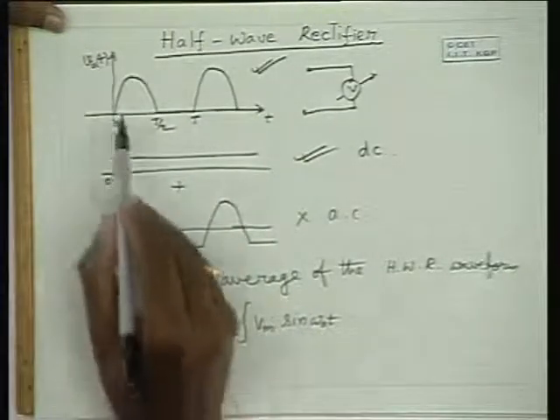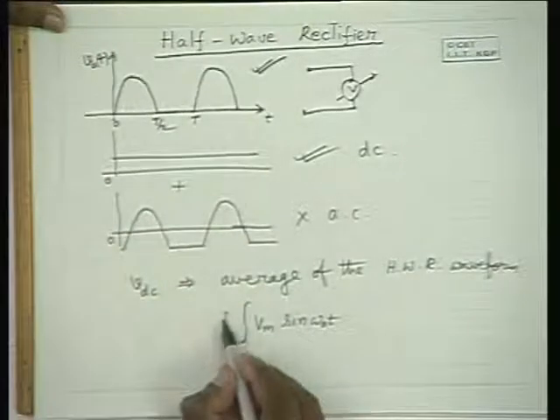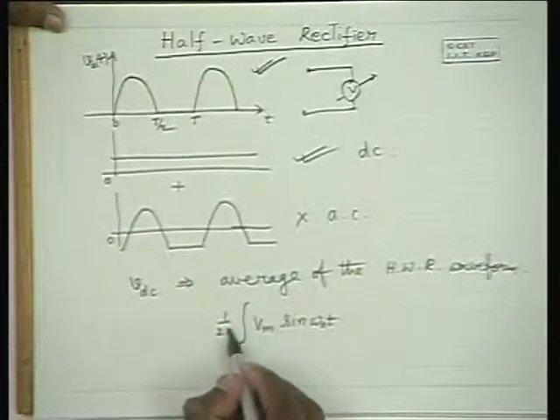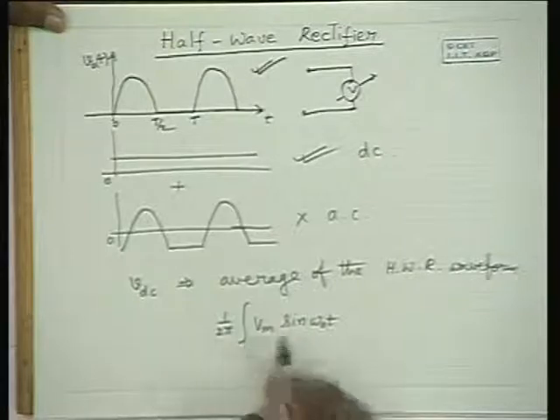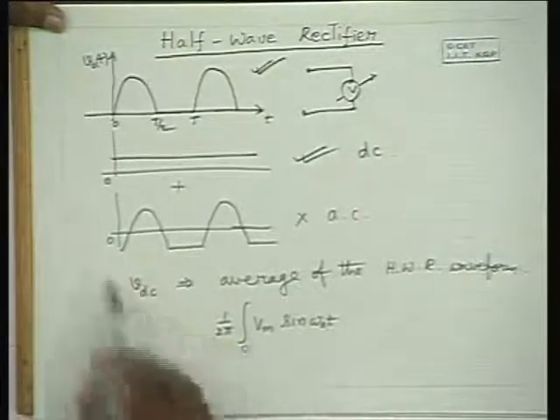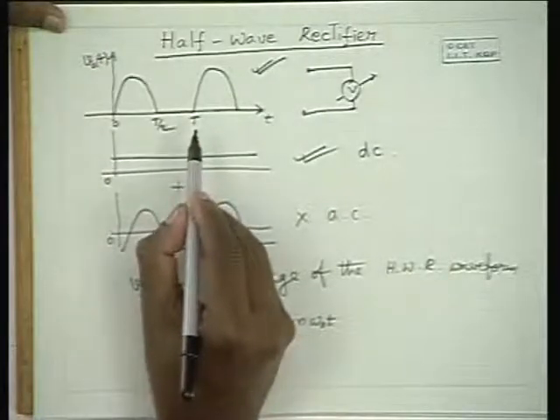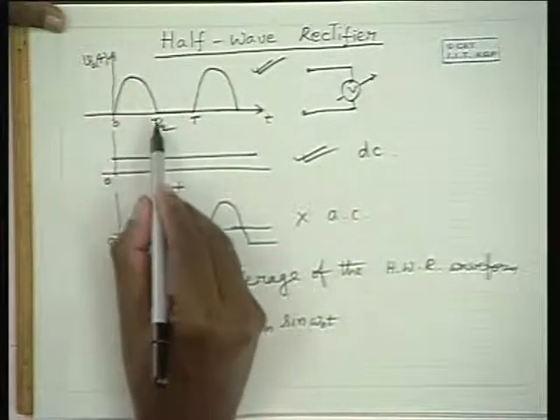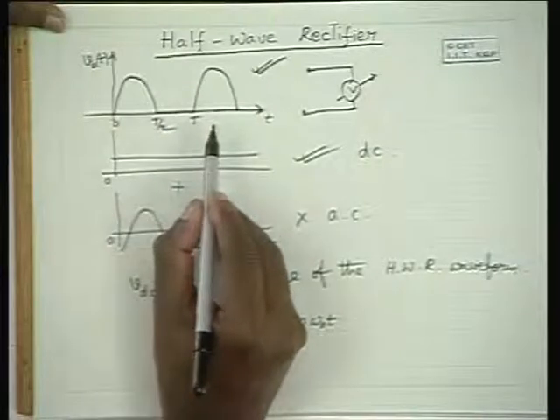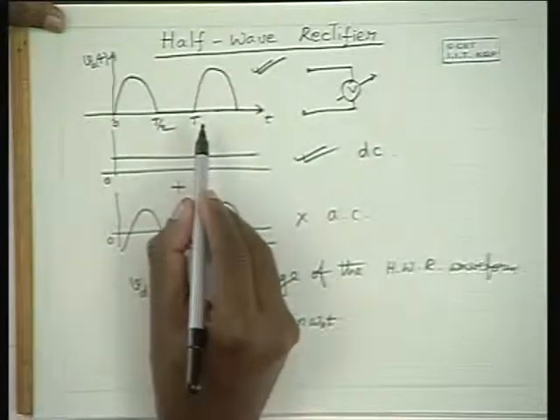The average of the waveform over one cycle is the averaging over 2 pi radians, and the integration of this waveform from 0 to 2 pi boils down to an integration from 0 to pi, because from pi to 2 pi the integration is 0.